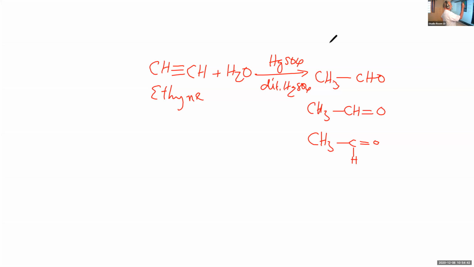The name of the compound is ethanal, for aldehyde. In the common system, the compound is known as acetaldehyde. Ethanal or acetaldehyde, CH3CHO. An aldehyde is formed.